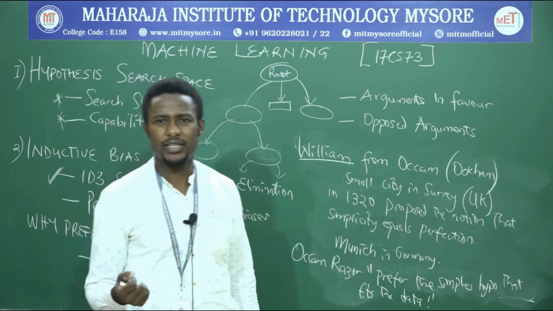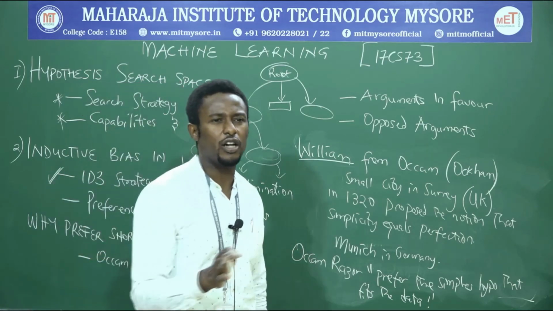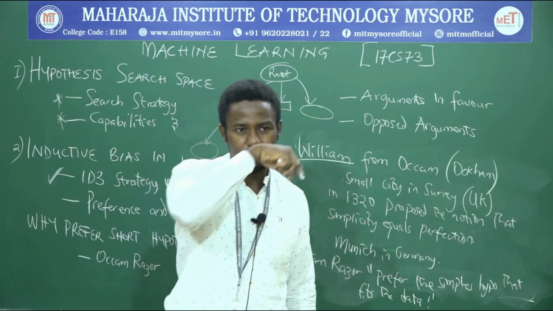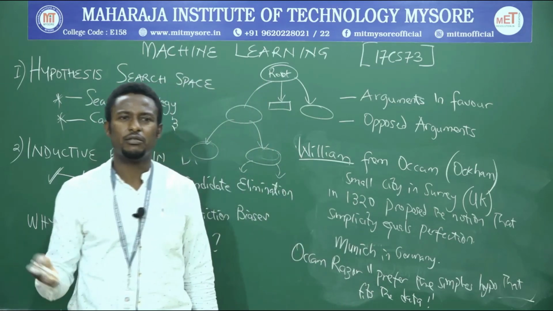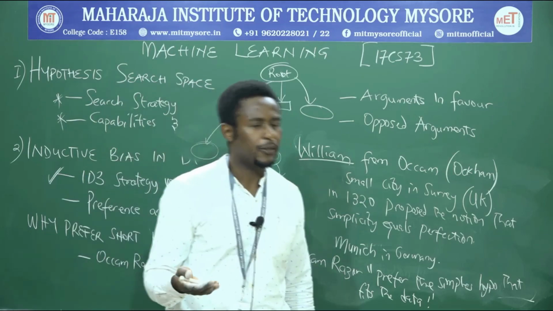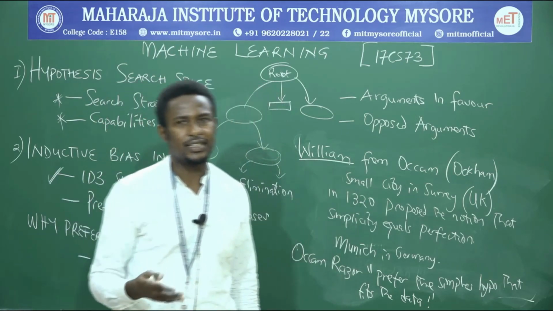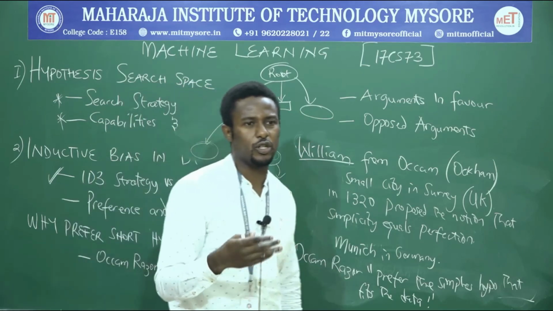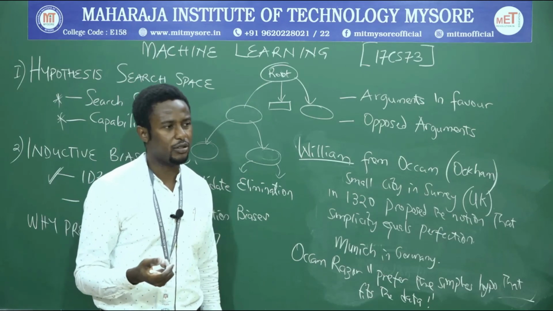preference and restriction biases. The preference says what? Always go with what? The first hypothesis. Fine? Which gives us what? Shorter hypothesis. Next, the restriction is not exactly as the preference, because in that we are not generating trees. What we did was what? We said, okay, fine.